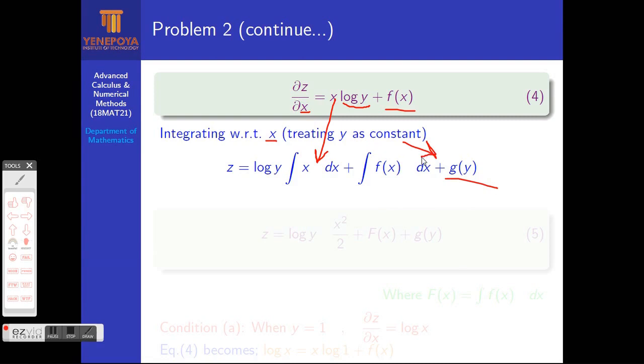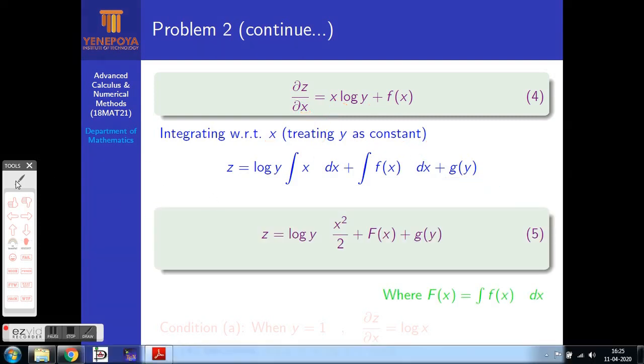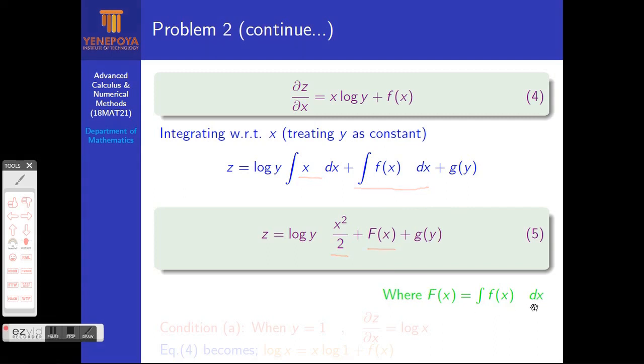After integration we are adding the constant as function of y. Then z is equal to log y as it is, integration of x is x square by 2, plus integration of f of x dx is capital F of x, plus g of y. I'll take where capital F of x is equal to integration of f of x dx.